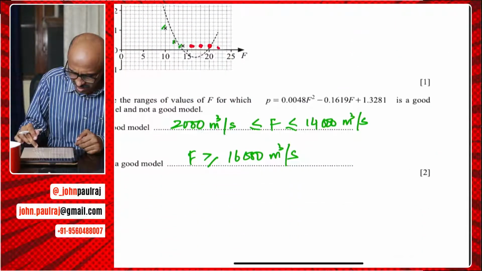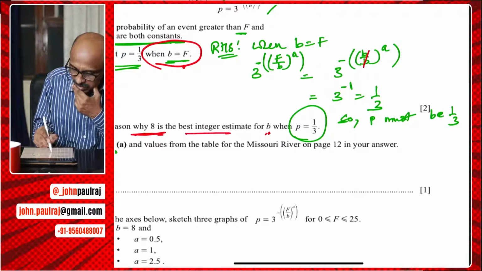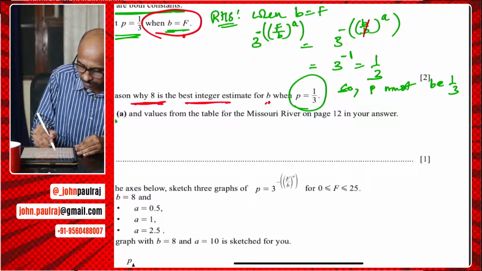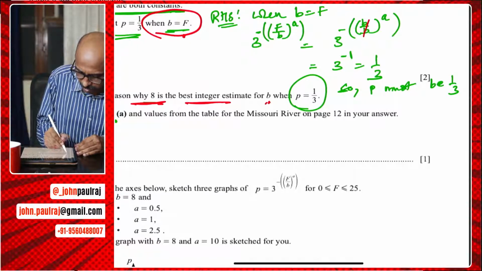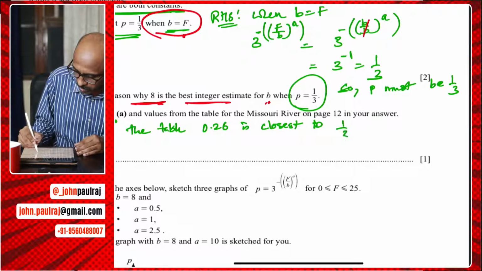It says the best integer estimate. So we can say that from the table, 0.26 is closest to 1/3.